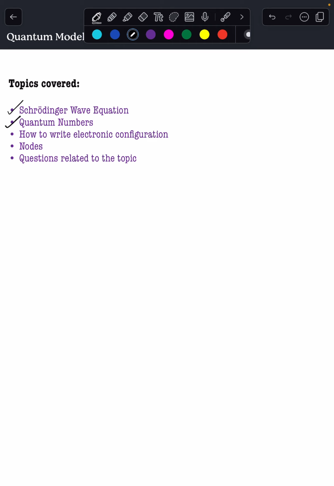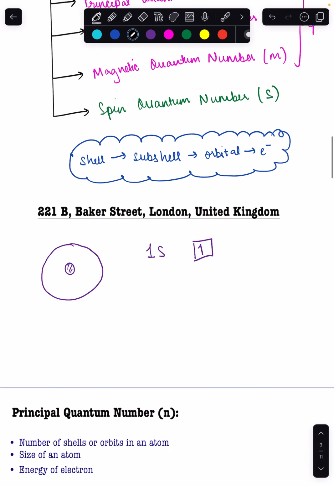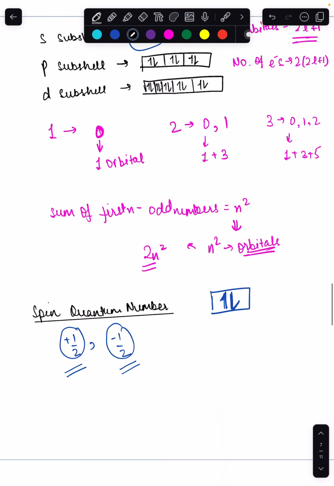Now we will move on to another very big topic, which is how to write electronic configuration. Then we'll move on to nodes, which is a relatively small topic, and then questions related to whatever we learned in the video.